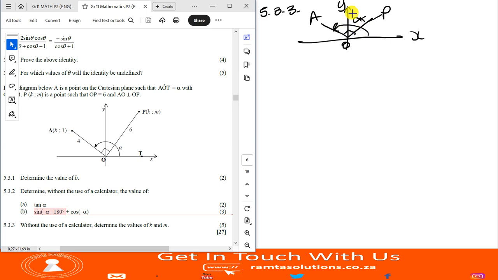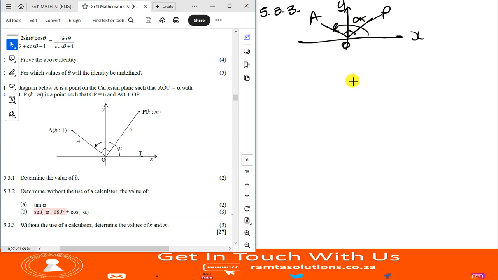Even if we say 90 minus alpha, it's okay. But alpha minus 90 would work, isn't it? If you take this portion here to be alpha minus 90, it can work.